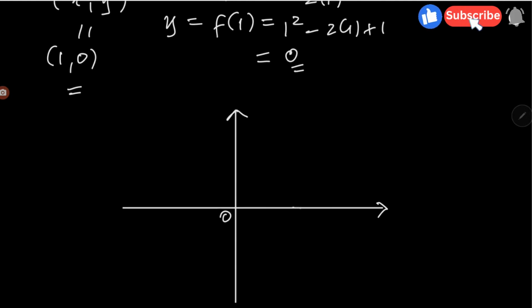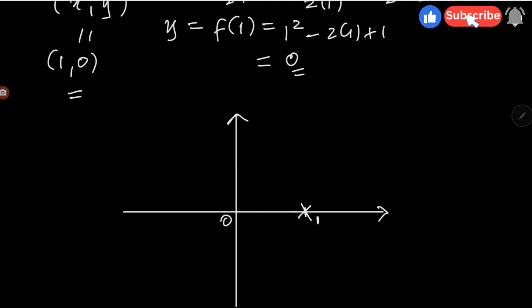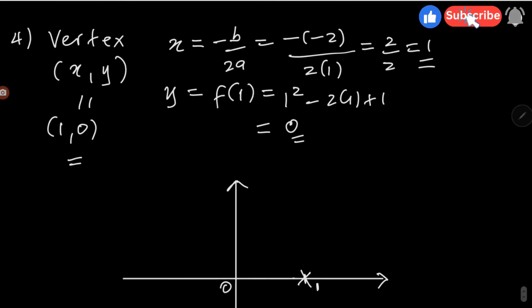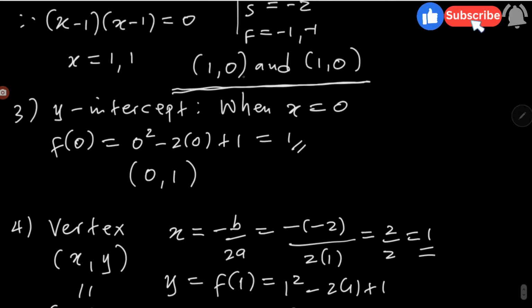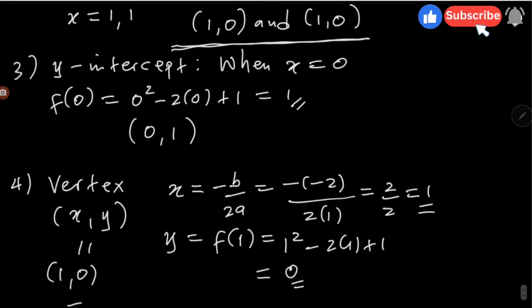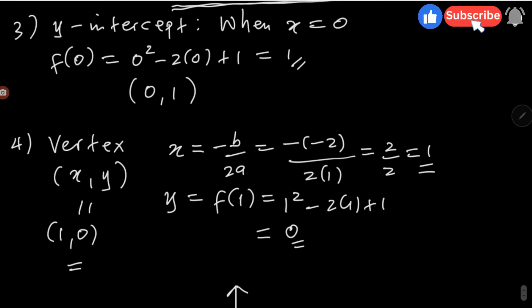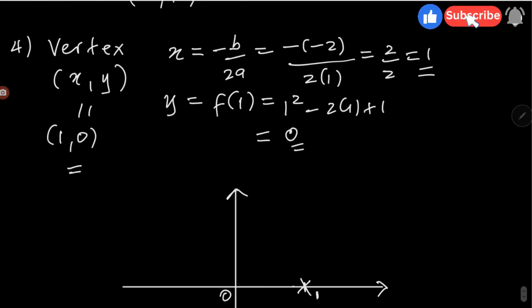We can assume 1 is there. That's our vertex or turning point. And then this same turning point is our x-intercept, since they are repeating at 1, 0, both of them. So the other thing is to just know the y-intercept, which is 0, 1, and we sketch.